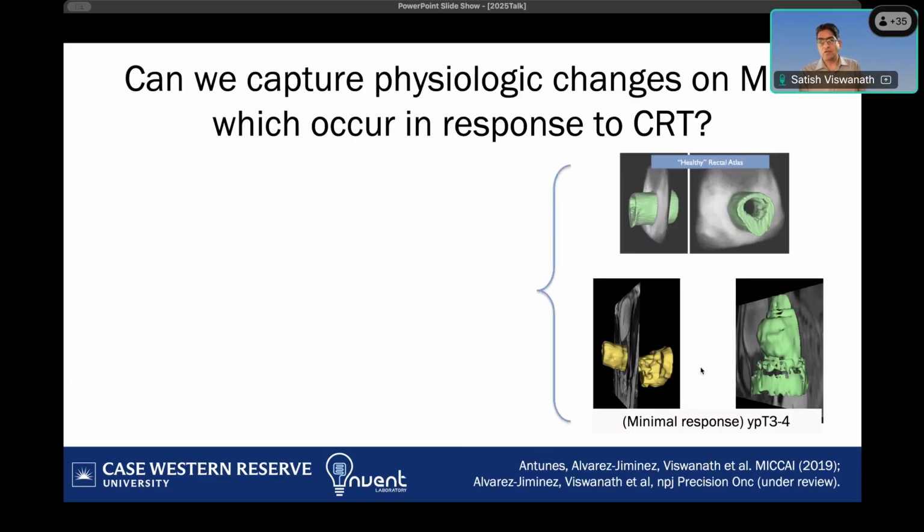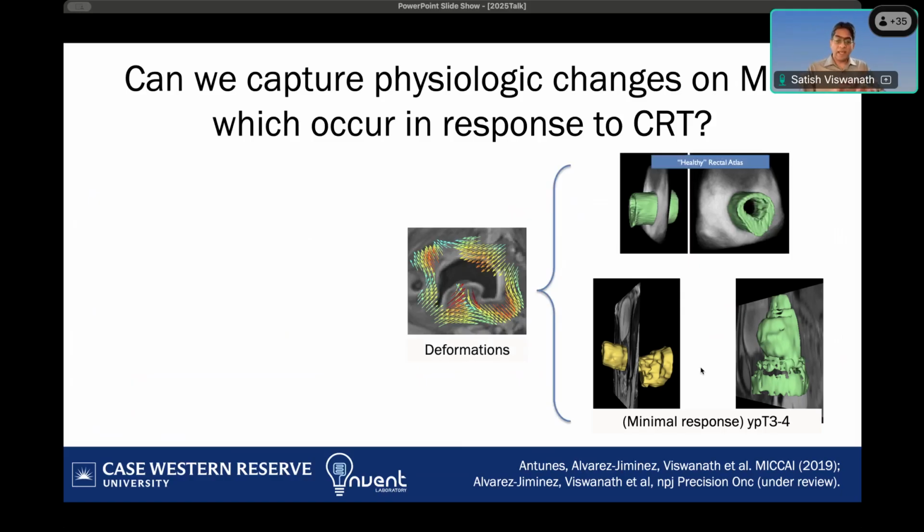For this, we built an atlas, a canonical representation, if you will, of what the rectum would look like without any tumor in it, and then essentially mapped these two onto each other to get this deformation map, which we released through our RadxTools project. If you look carefully, it has a number of arrows on it, and the arrows correspond to how the whole organ is twisting or deforming as a function of response.